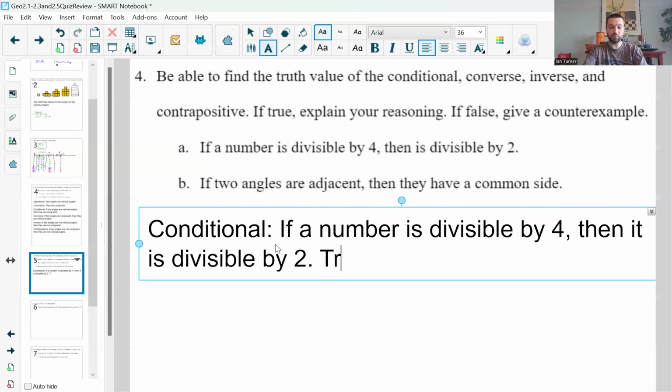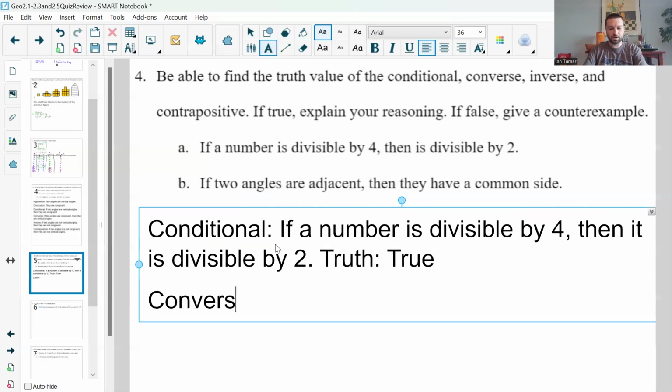And then we have our truth value, which in this case would be true, right? Anything divisible by 4 should also be divisible by 2. I'm thinking of 16, 20, 100.